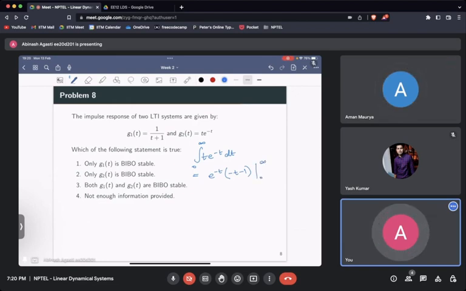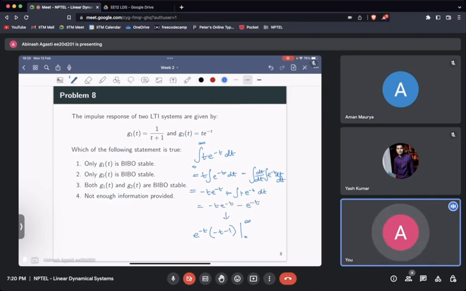Let's just do the steps for clarity. So this will apply by parts. So we'll have minus t e to the minus t, minus the integral of minus e to the minus t dt. That is minus t e to the minus t minus e to the minus t.